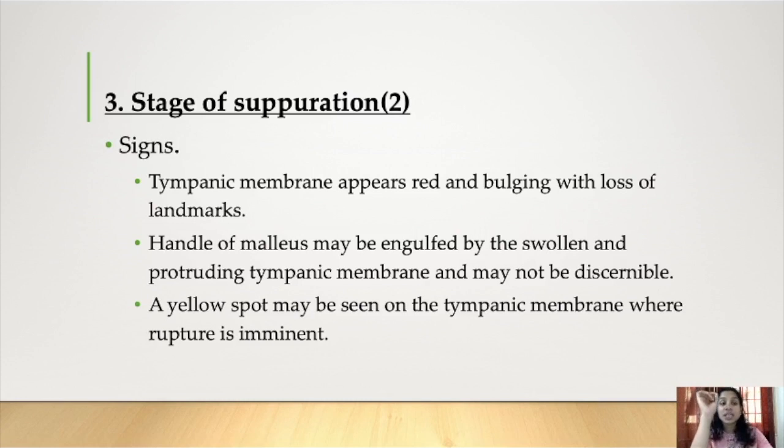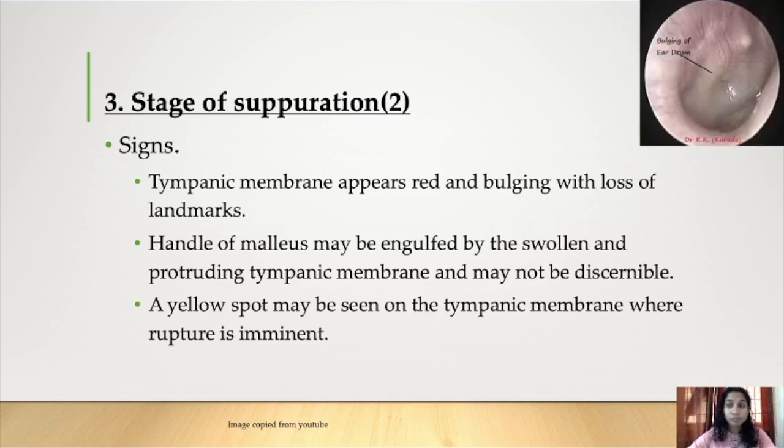So you can see in this stage of separation there is a pus point or a yellowish spot on the tympanic membrane where it will rupture and the pus will come out. So it's fully bulged. We can't see the handle of the malleus and all. Here it can be made out a little bit, but normally it will be fully bulged, and you can't make out anything, and there will be a pus point, especially in the antero-inferior part of the tympanic membrane because of gravity.